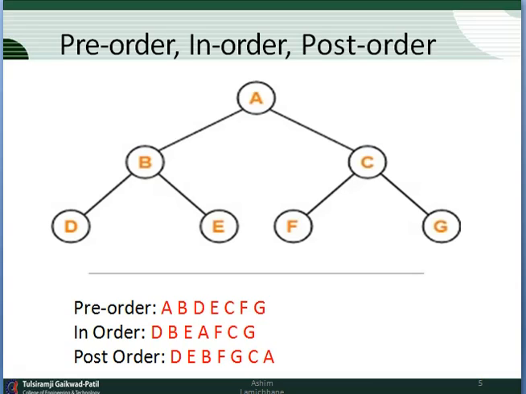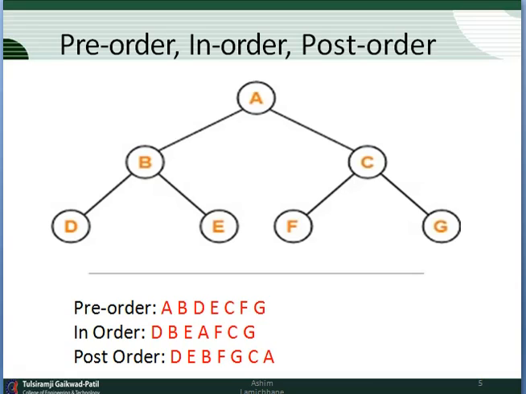Same thing for post-order as well: D, E, B, F, G, C, A. A will always be at the last, as I already followed the algorithm to traverse the whole tree. Post-order is left, right, and then root.